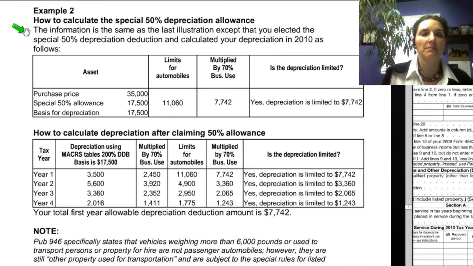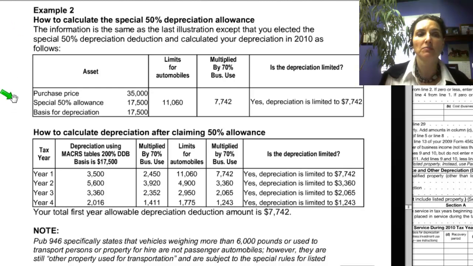Here is another example: how to calculate the special 50% depreciation allowance. The information for this illustration is the same as the illustration I just showed you, except that you do elect to claim that special 50% depreciation deduction, and you calculate your depreciation for 2010 as follows. The purchase price of the vehicle is $35,000, and the special 50% depreciation allowance is $17,500.